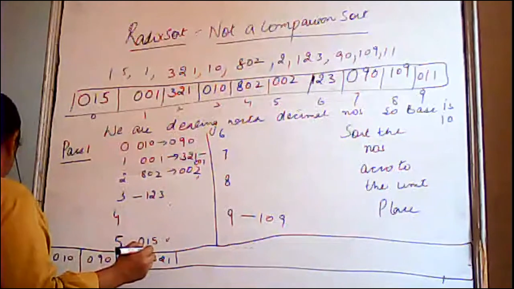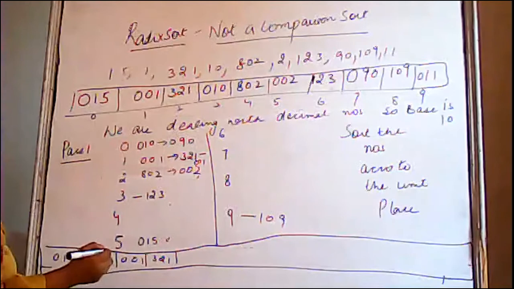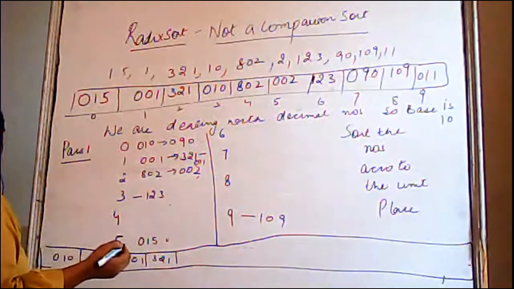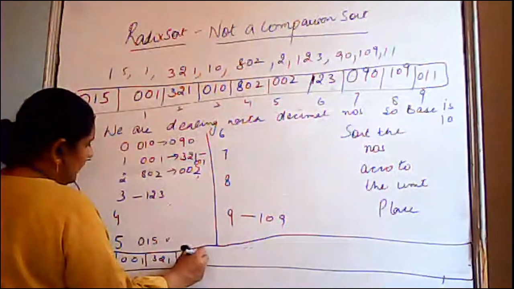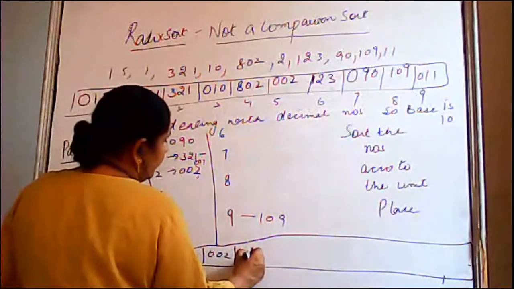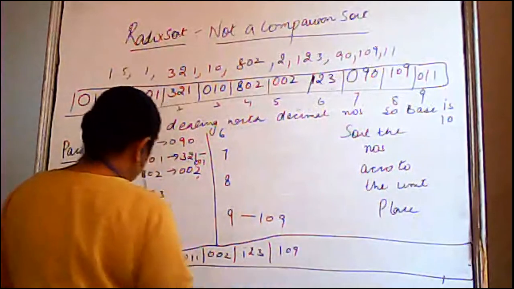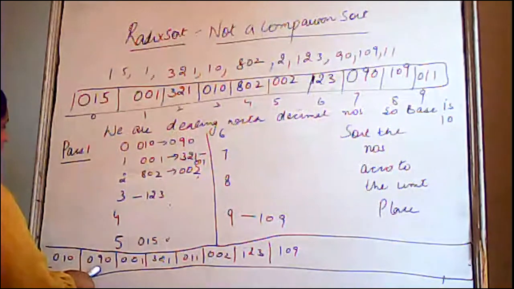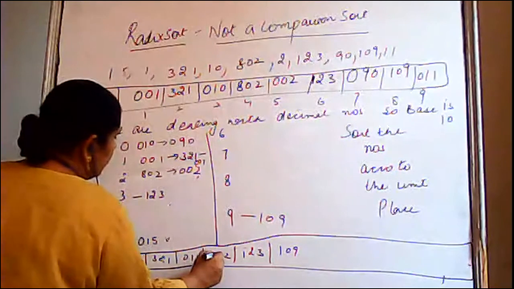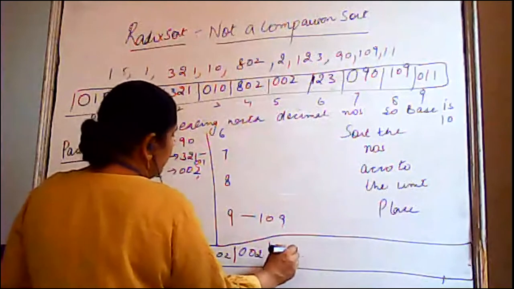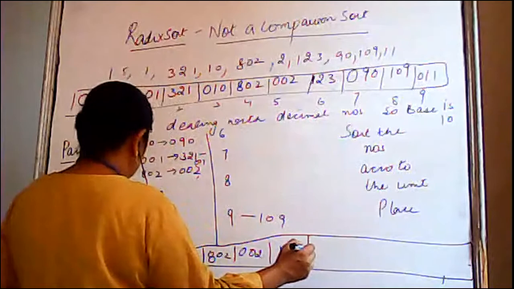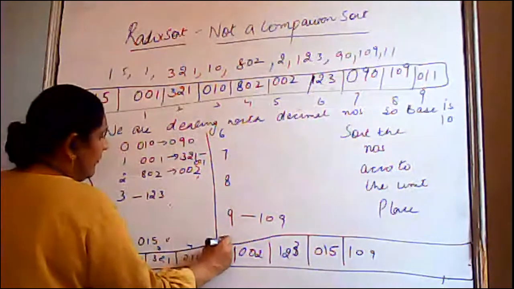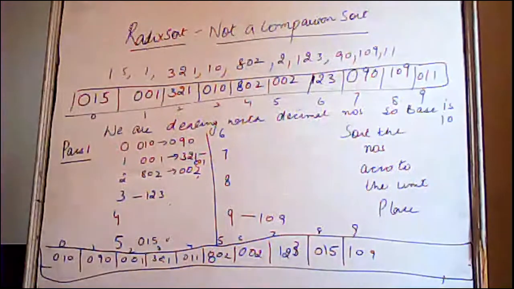Then 802, 002, 123, then 015 and 109. So this is the output for pass 2... sorry, for pass 1, the numbers you get at positions 1 through 9.